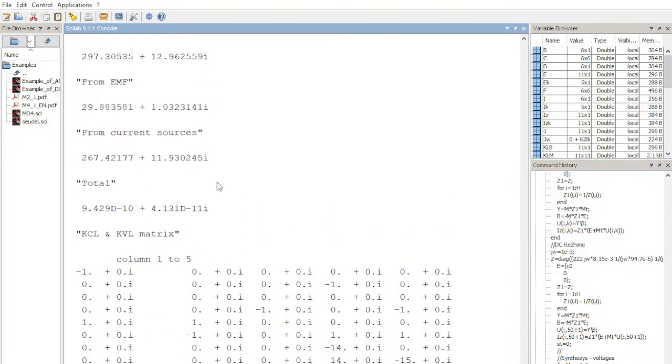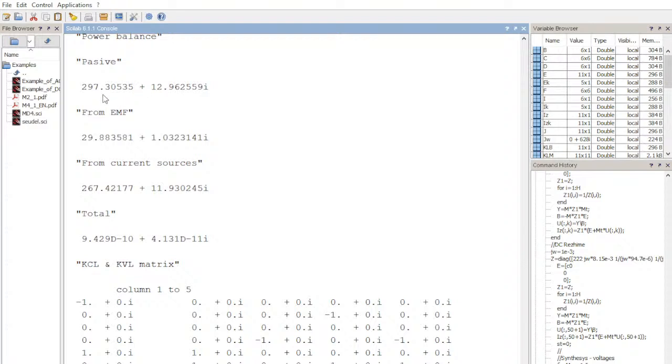Here it is. Passive elements do consume 297 watts, EMF supply 29.88, and current sources 267.42 watts. Totally I have 10 numbers after the comma for active power and 11 for reactive.